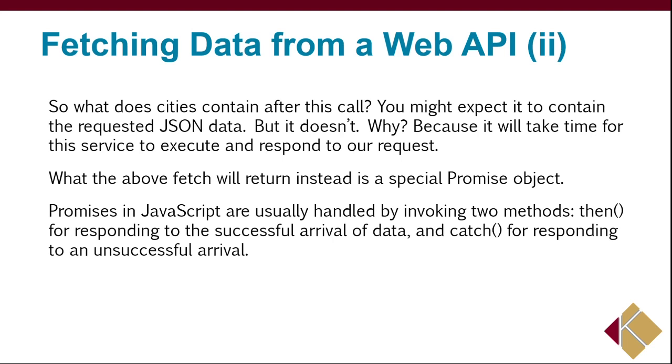There are two methods that you tend to use with promise objects, and those are then and catch. In our lab, you'll see that we have two then statements and a catch statement, and that is the way that you handle that sort of asynchronous data loading.